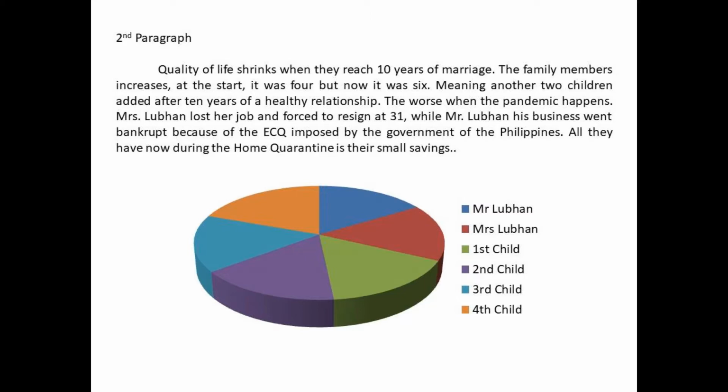Okay, so as you can see in the second paragraph, let's try to look at the situation. The mother lost her first job and later became a cashier receiving a cheap salary. And also the father became bankrupt due to the pandemic. Later after ECQ, he returned to business but started back from zero.